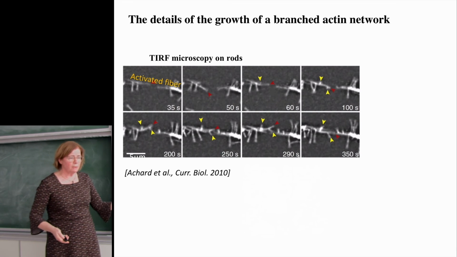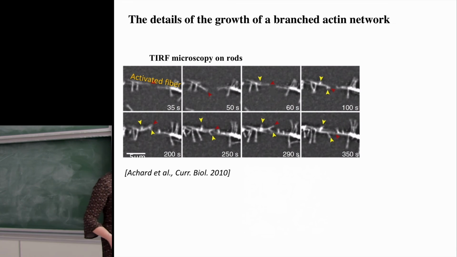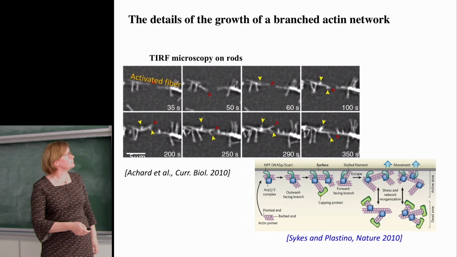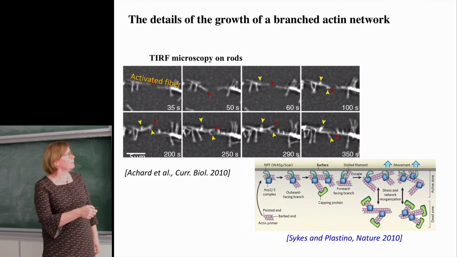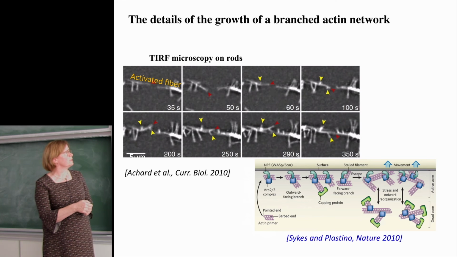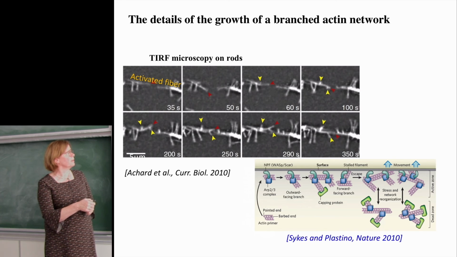So we modeled it as a fluid surface that pushes the membrane, but it's much more complicated than this. And in fact, again, this is a scheme that shows what happens. You need to have this activator. I didn't go into the details, but this branching activator interacts with this activator at the surface.